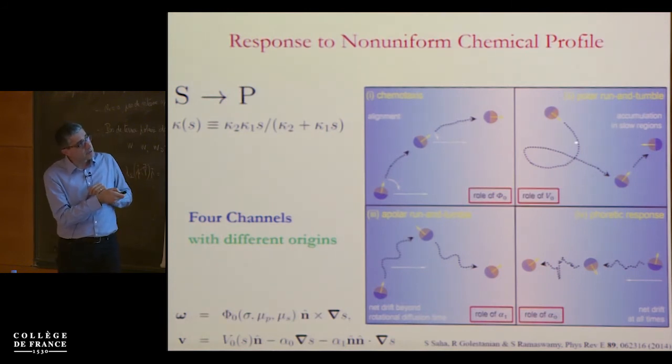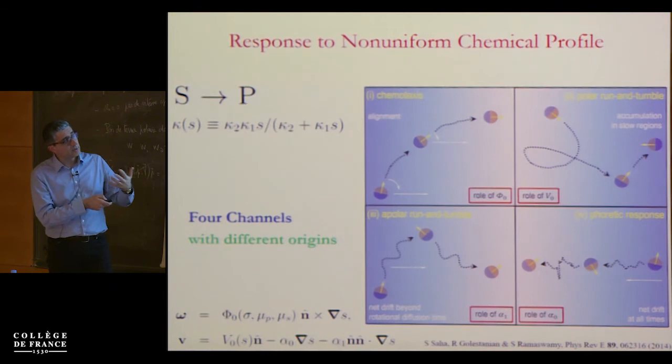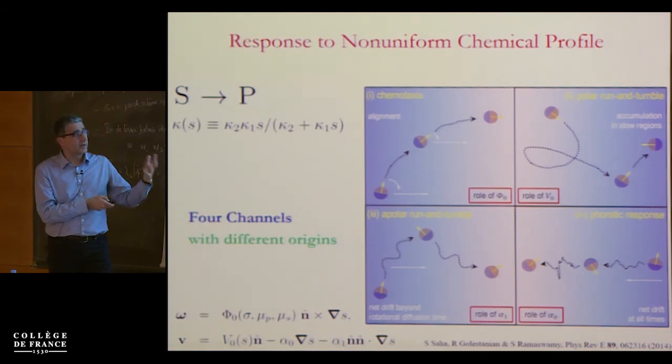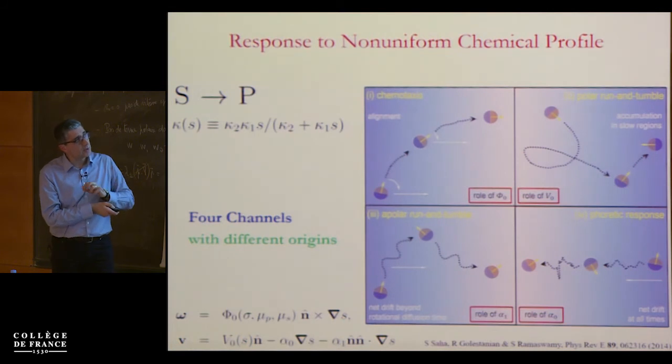You can have a situation where the local value of the reactant or fuel will determine the local velocity, and then it will go away from that region to regions where the fuel is smaller, and that is similar to what we know in bacterial systems.